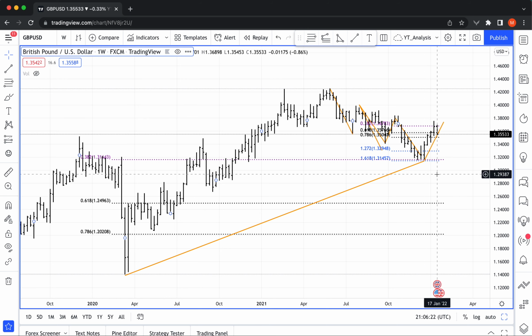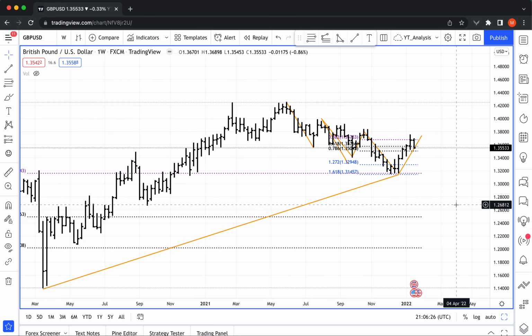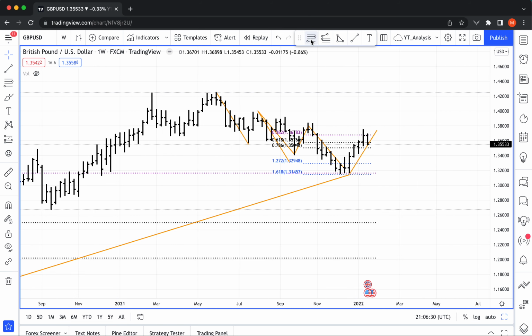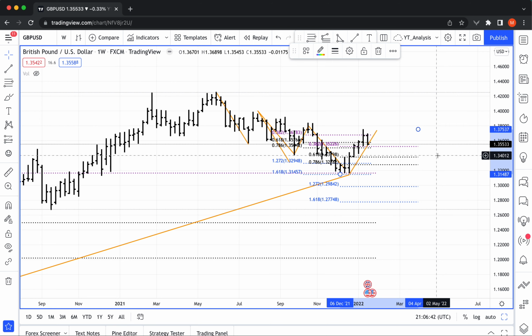So with GBP USD, I think we have to be more cautious of the retracement. We can draw a retracement as a possible guide where the price is likely to go. It is trading very close to the 38.2% retracement level at 1.3527. Possibly the price can come down to around the 1.3380 level.